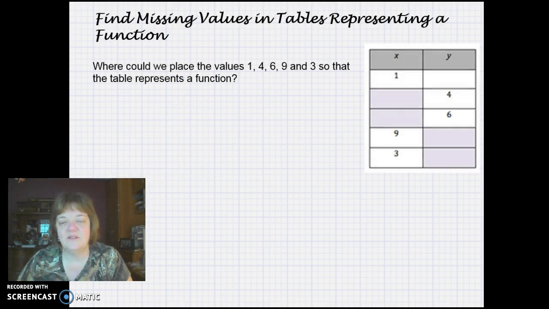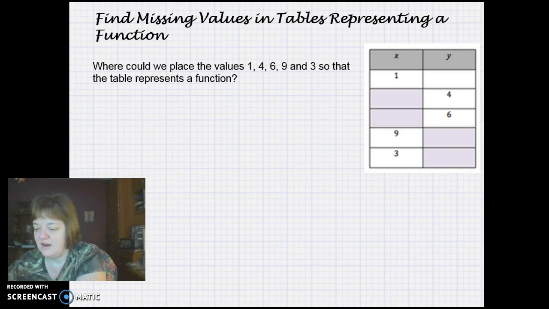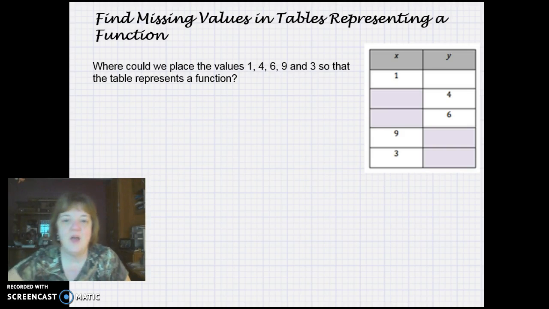Now let's play around a little bit like a puzzle and see if we can figure out how to turn this table into, for sure, possibly representing a function. We're going to put the values of 1, 4, 6, 9, and 3 in there. Okay, they're already in there. Some of them, well, they all are. And then we're also going to put more numbers in there.